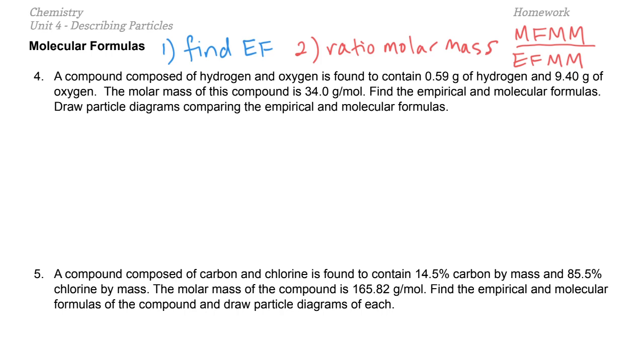So our first one, we have a compound of hydrogen and oxygen with 0.59 grams of hydrogen and 9.4 grams of oxygen. The molar mass of the compound is 34 grams per mole. We define the empirical and molecular formulas. So for the empirical formula, as we saw on the first slide, the first thing we need to do is convert grams to moles.